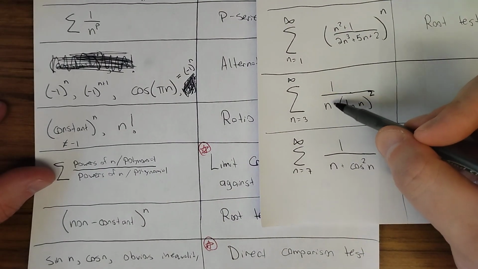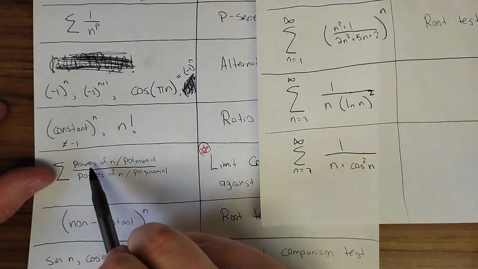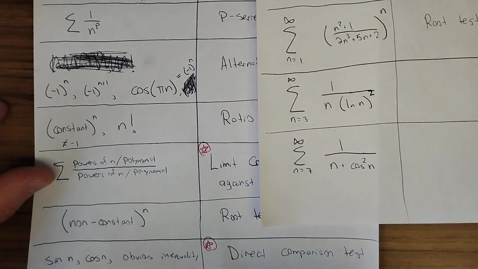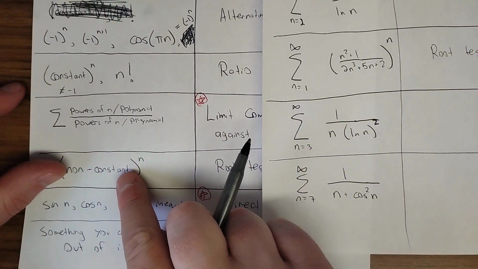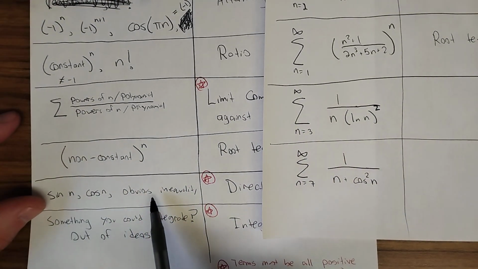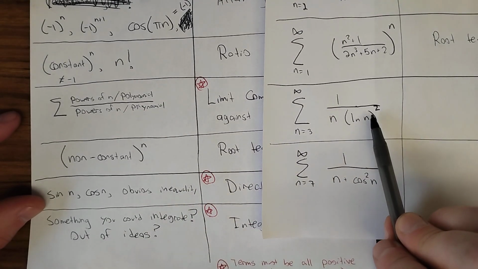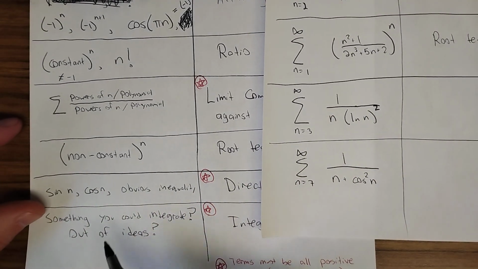I do have a power of n, like n to the 1 would count as a power of n, but the logs don't fit in here. It isn't a non-constant to the nth power. I don't see any sine n or cosine n or anything like that. I would do the integral test.